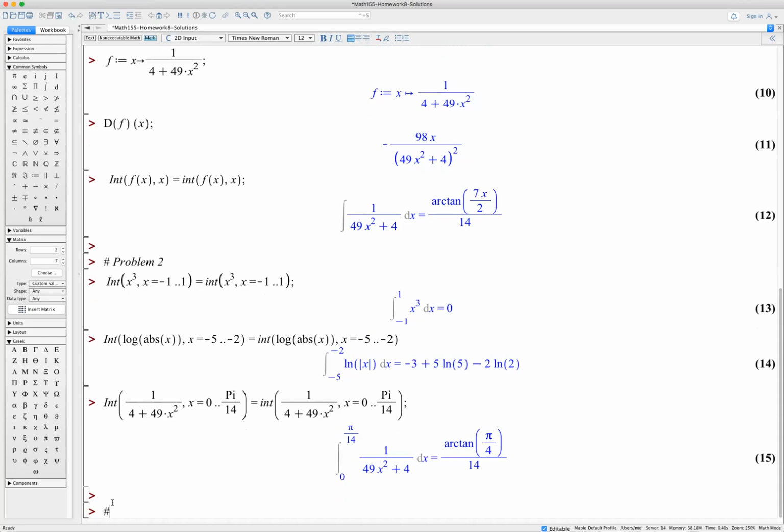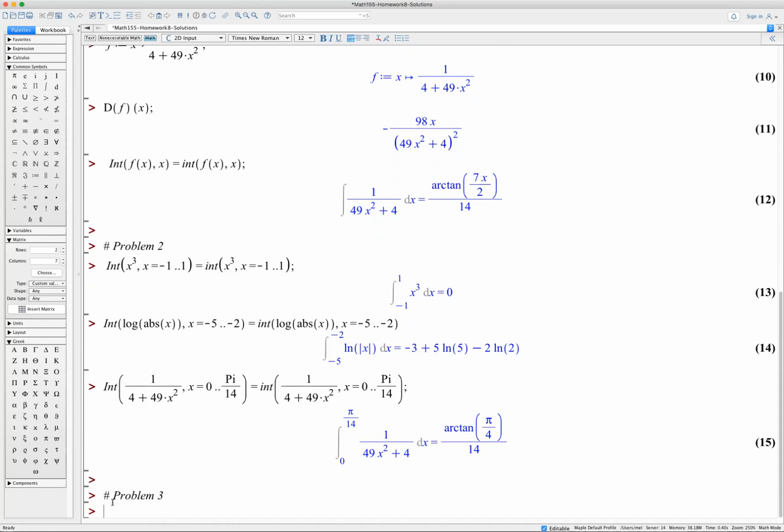Let's go to problem 3. So we have a function log of x squared.